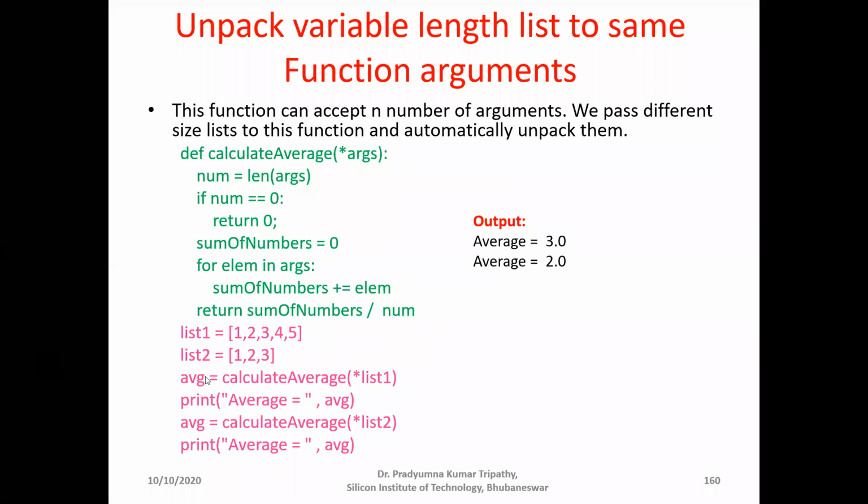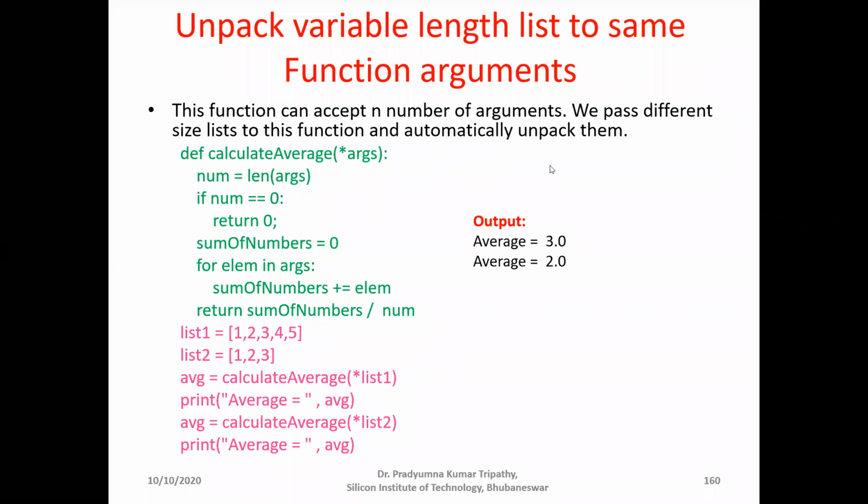Now list 1 and list 2 are defined. I pass star list 1. Star list 1 means it will unpack. What will it unpack? The elements 1, 2, 3, 4. Each element of list 1 is unpacked, and all these elements are received here as args. This args is nothing but 1, 2, 3, 4, 5.